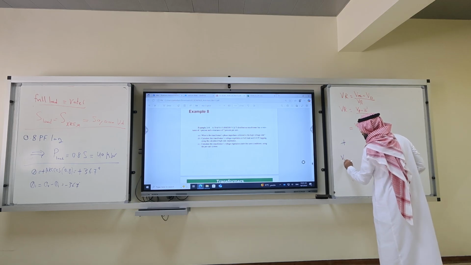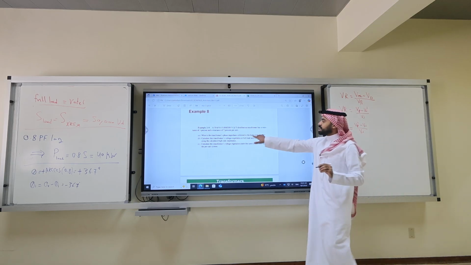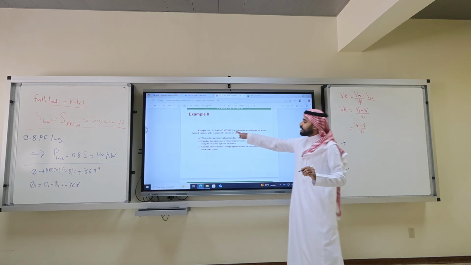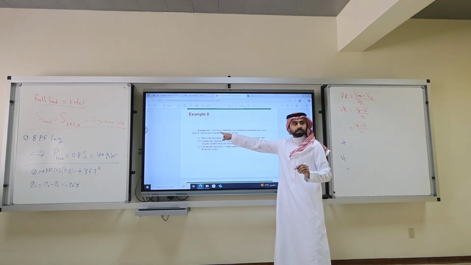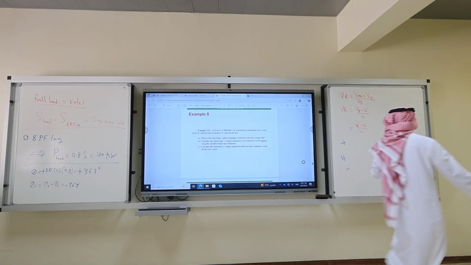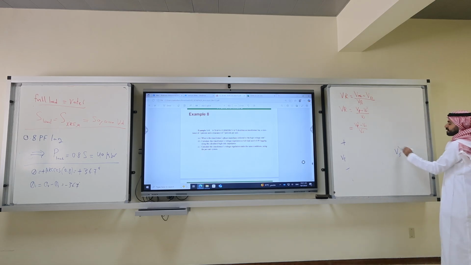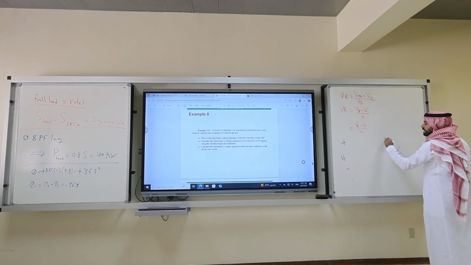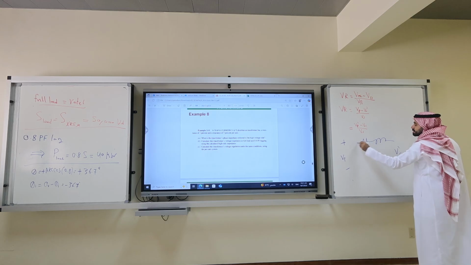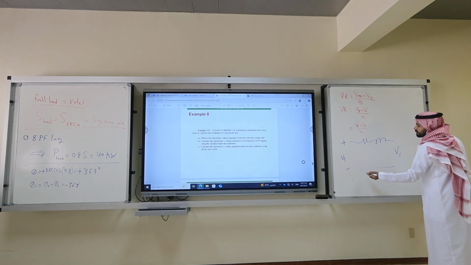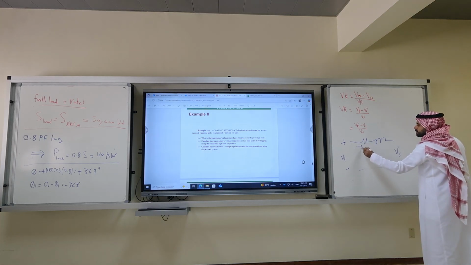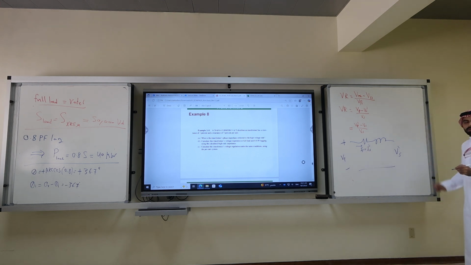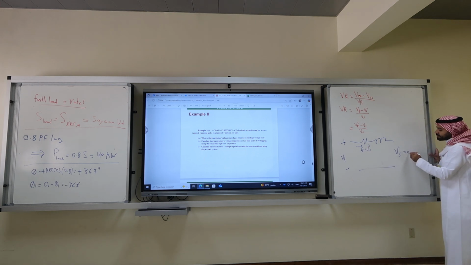You have VP. Is it referred to high side or low side? High side. What is the high side? The primary. Okay? So here VP, here we have VS prime. You agree with me? And then we have the inductor and the resistor. And here we have IP equal IS prime. And what is VS prime?